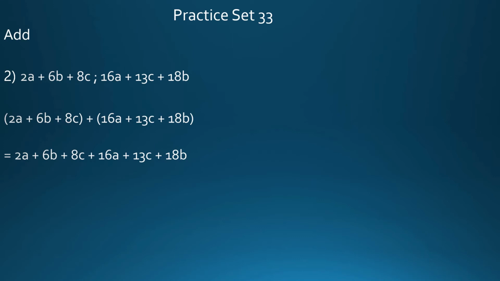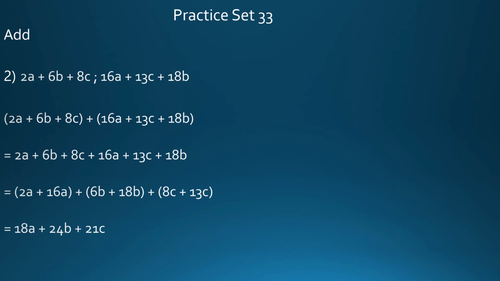So we will have 2a plus 16b plus 8c plus 16a plus 13c plus 18b. Now in the next step, we are going to bring like terms together. So we will have 2a plus 16a in one bracket, plus 16b plus 18b in another bracket, plus 8c plus 13c in the next bracket.